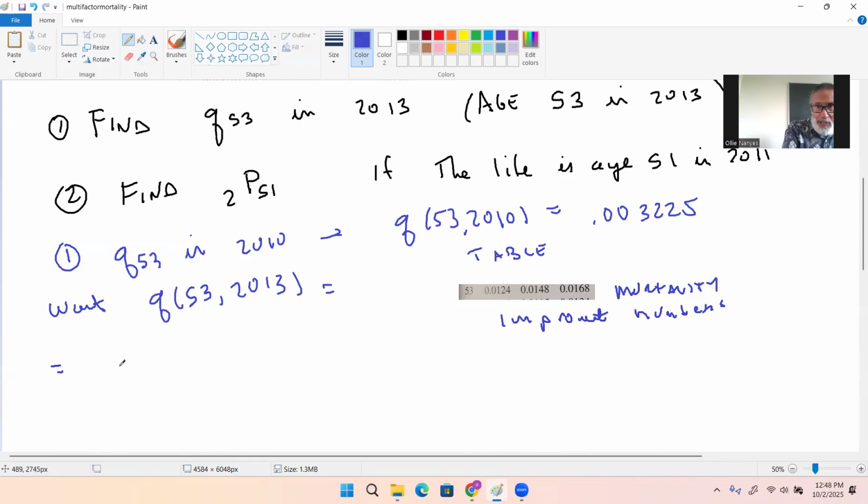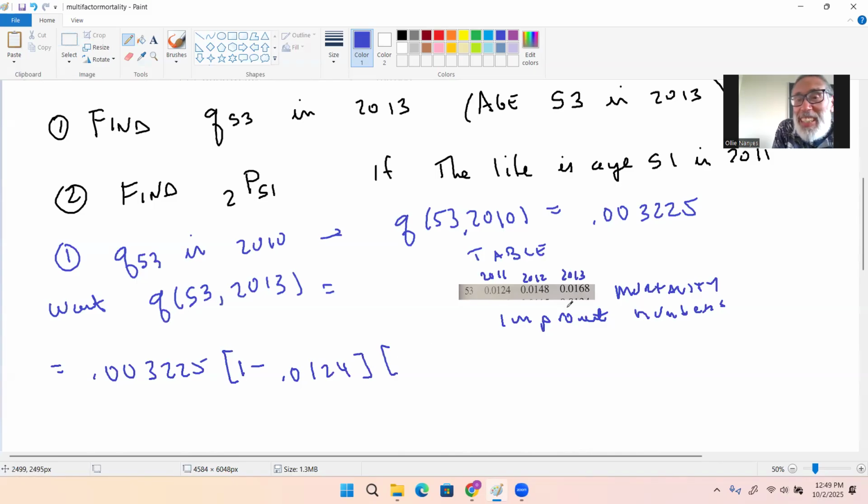So this is going to be the current mortality times 1 minus the mortality improvement in 2011, times 1 minus the improvement factor in 2012, and then 1 minus the factor in 2013.